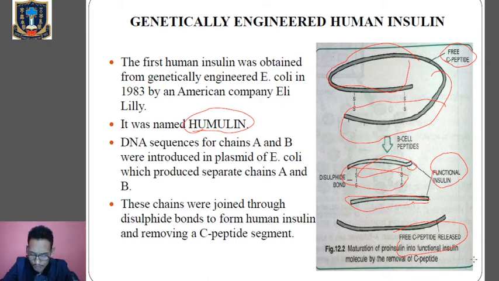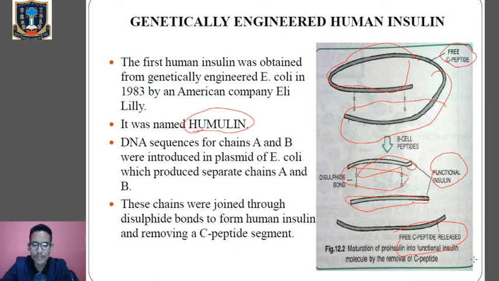Now the question comes over here: what is the difference between the insulin produced by the Eli Lilly company and the insulin which is produced within the body? Clear? These questions come in examinations.